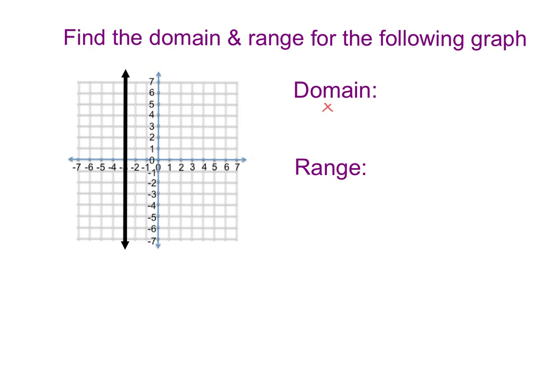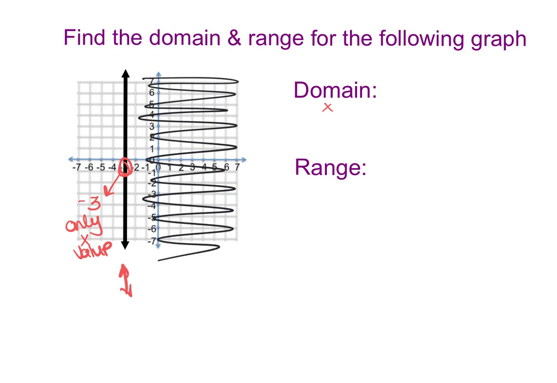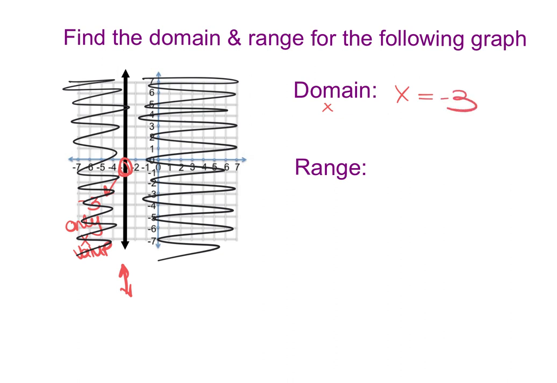The graph is just a vertical line going up and down, and this hidden value right here, which I can deduce is -3, is the only x value that I need to make points on my graph, because there's these x values that I don't need, and there's these x values that I don't need. -3 is the only x value that I need, and as a result, my domain is one single value, so I just write x equals -3.